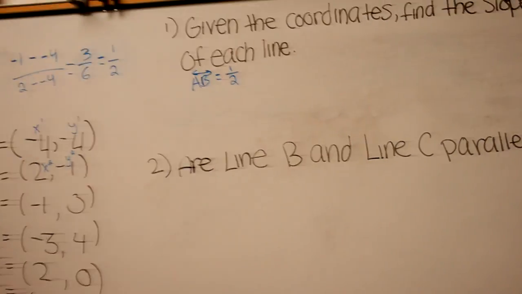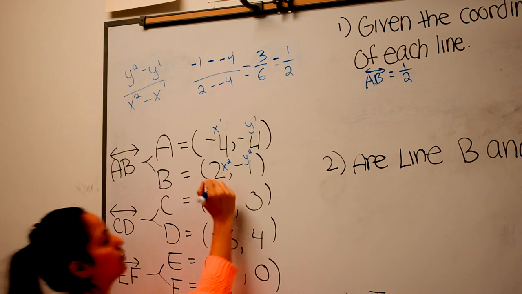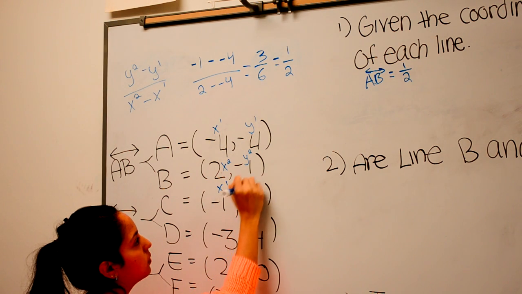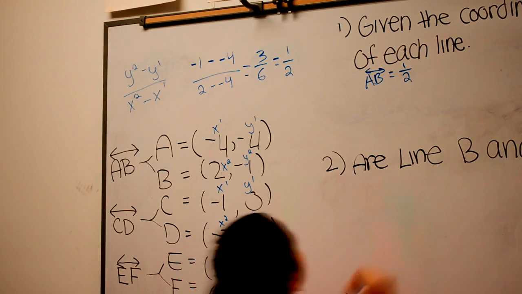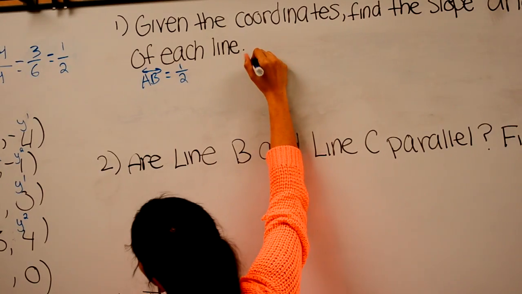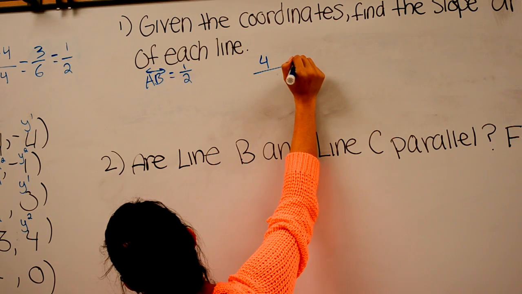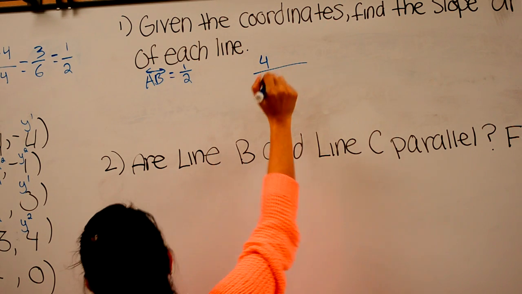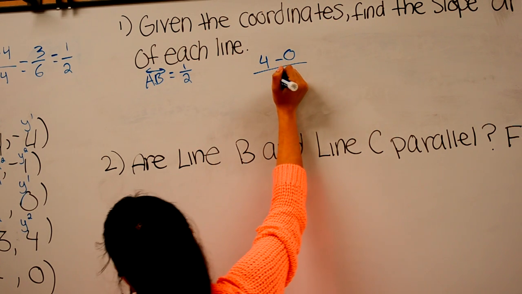For CD, we're going to do the same thing. We're going to plug in these numbers, but we have to label them first. So x1, y1, x2, y2. We label them. Y2 is 4. Y1 is 0. So 4 minus 0.